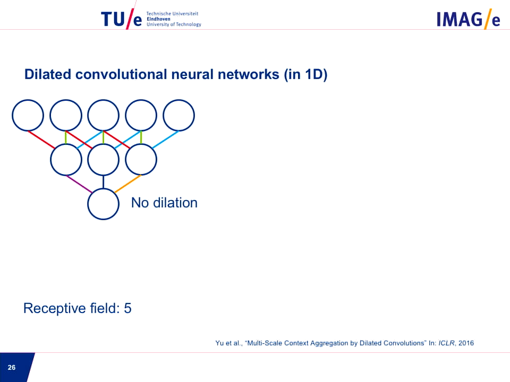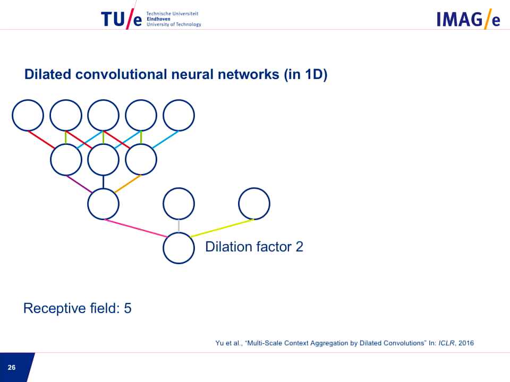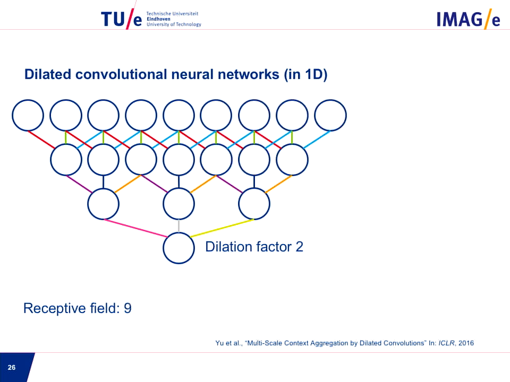Now the idea of dilation is that instead of having the kernels next to each other, we actually skip elements. So a dilation factor of 2 means we skip 1 element, and this results in a quickly increasing receptive field. So now with a limited number of weights and just 3 layers, we already have a receptive field of 9.